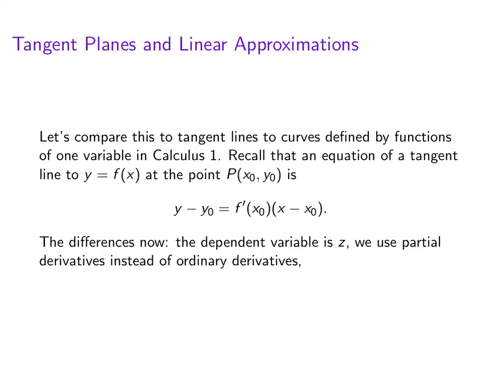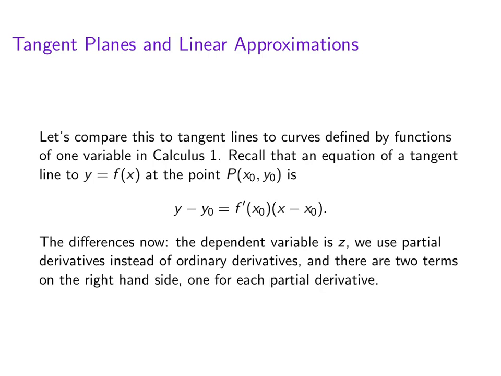We use partial derivatives instead of ordinary derivatives. And then now there are two terms on the right-hand side, one for each partial derivative. Otherwise, it's the same. You should see that the slope shows up here, in the same way that in the tangent plane, they showed up as partial derivatives. Those were slopes of tangent lines, and we had two different tangent lines because there were two different directions that we had to consider. Okay, that's all for now.